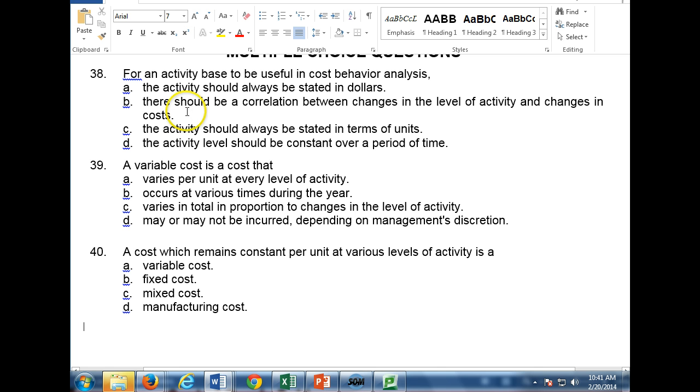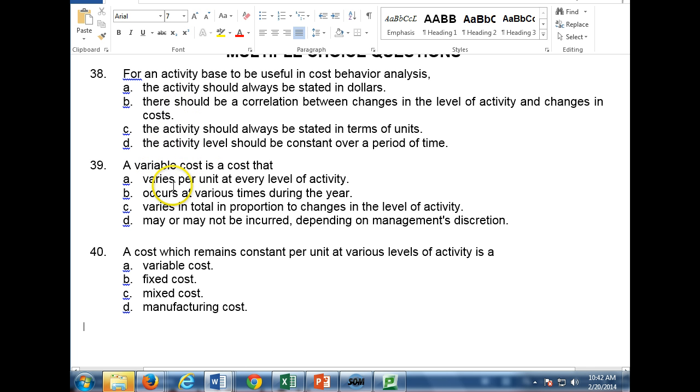What's the title of this chapter? Cost, volume, profit. I mean, volume, cost, you know, wow. That kind of is a dead giveaway too. So I'm probably leaning towards B too. What do you think? Let's take number 39.